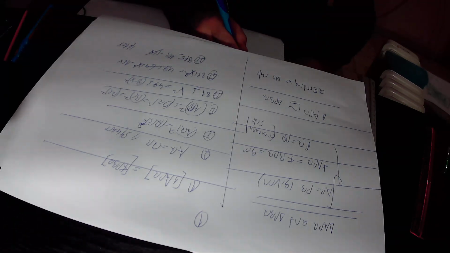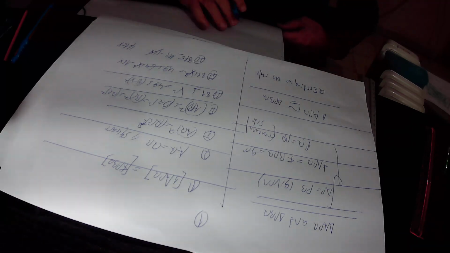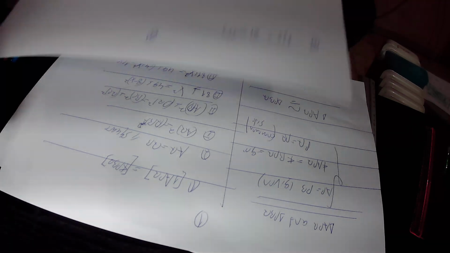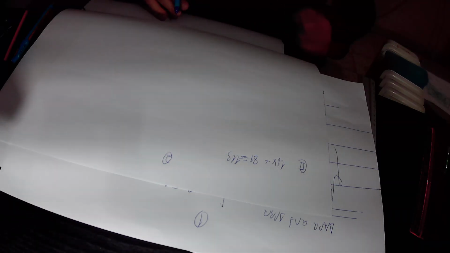So this equation is right. So according to equation 2, 16x plus 81 equals 113.